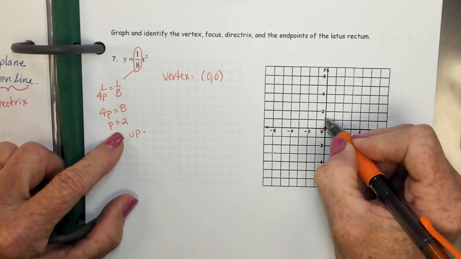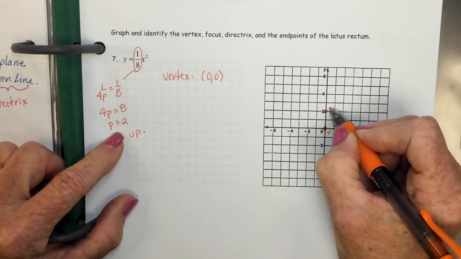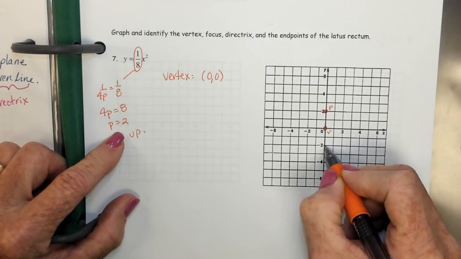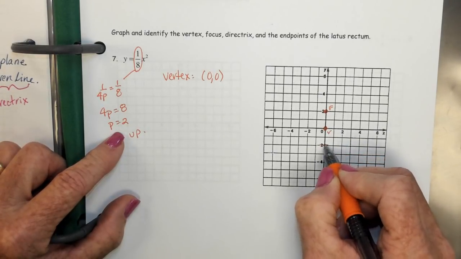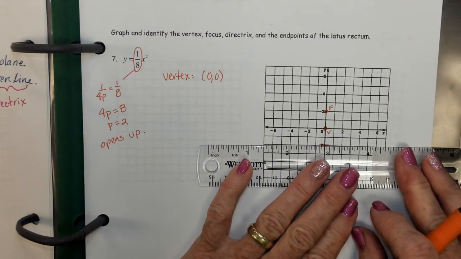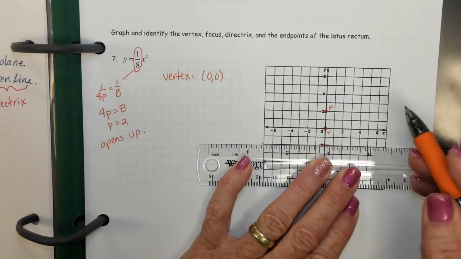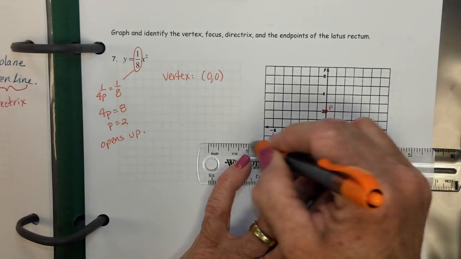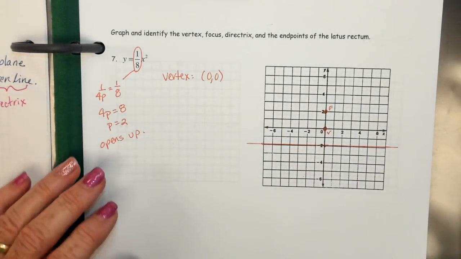So I'm going to go up 2. There's my focus. Down 2 is this line, this directrix. There's the directrix.